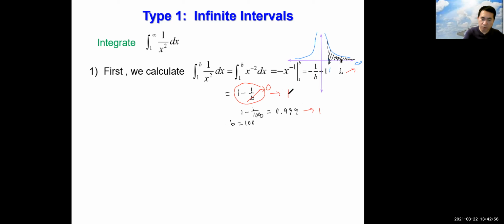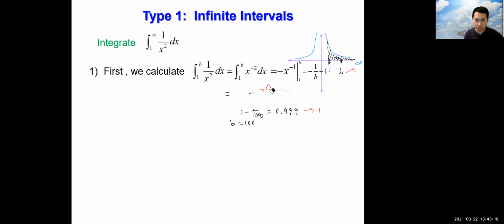So basically, as b gets larger and larger, this is where the limit notion comes in. In order to go from 1 to infinity, you let b approach infinity.